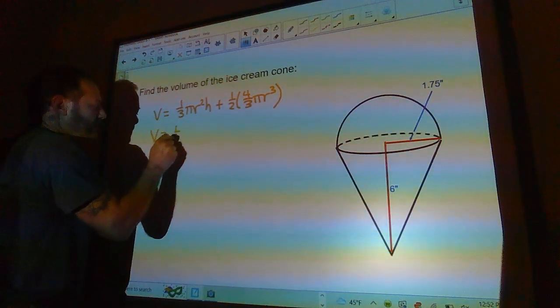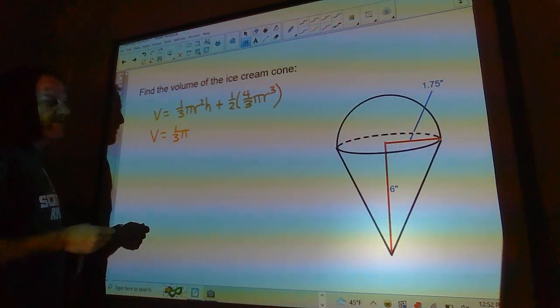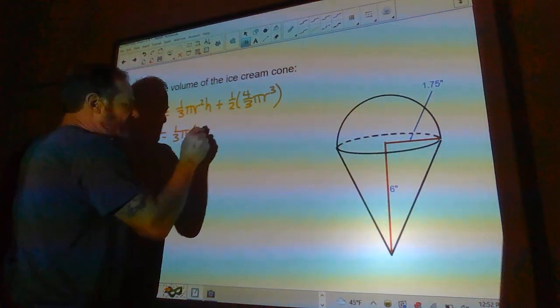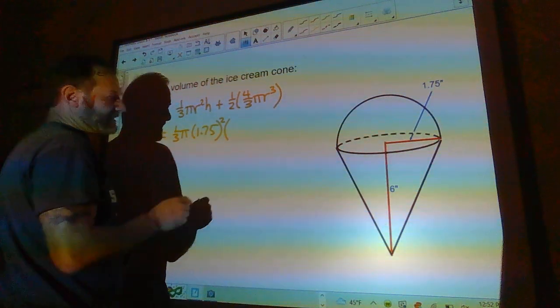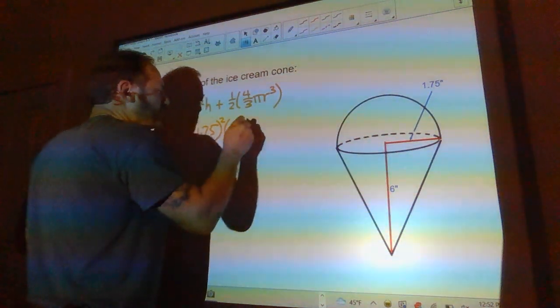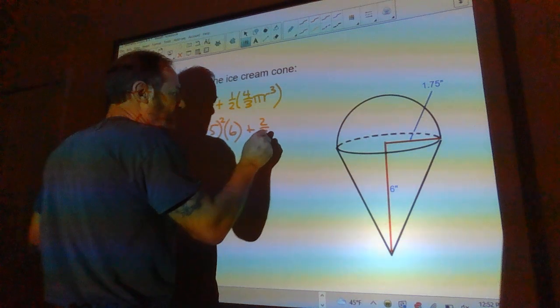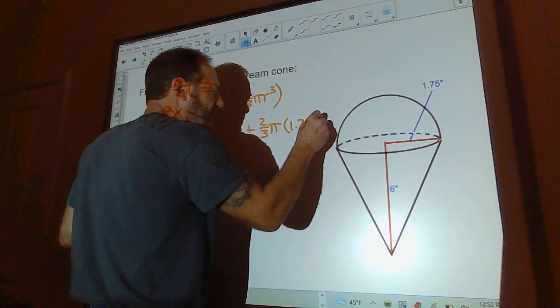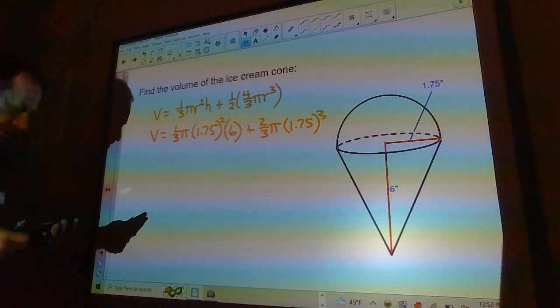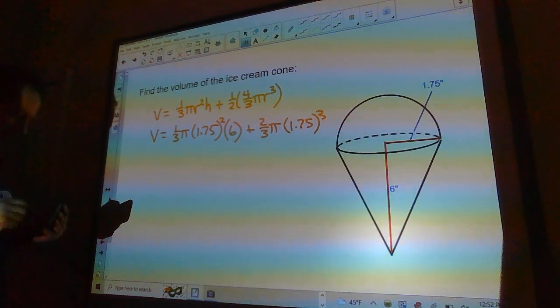Okay, so 1/3 pi, the radius is 1.75 squared, the height is 6, plus half of 4/3 is 2/3 pi times the radius, 1.75 to the third power. Okay, so here we go.